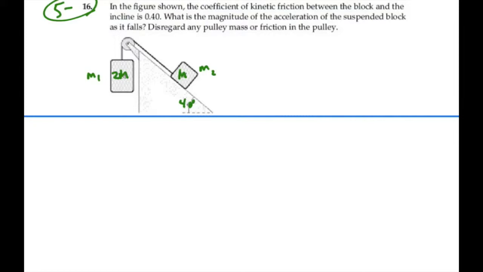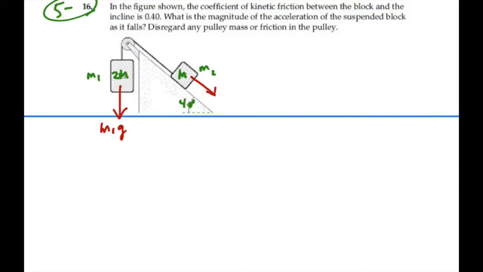Now, if we were to visualize the kinds of forces that are going on here, we would have weight at the mass 1 equal to m1g, and mass 2 would have weight as well, which we would break up into two components.